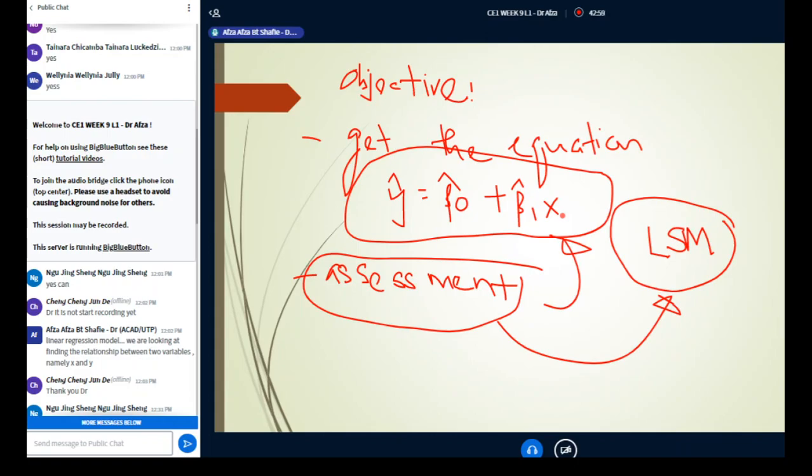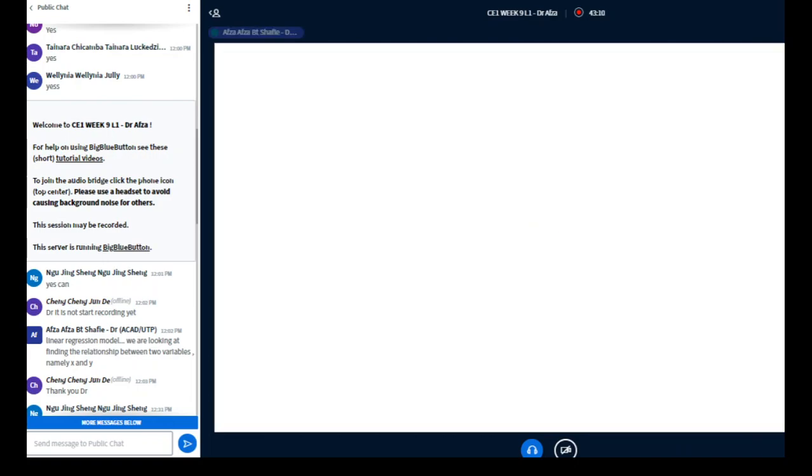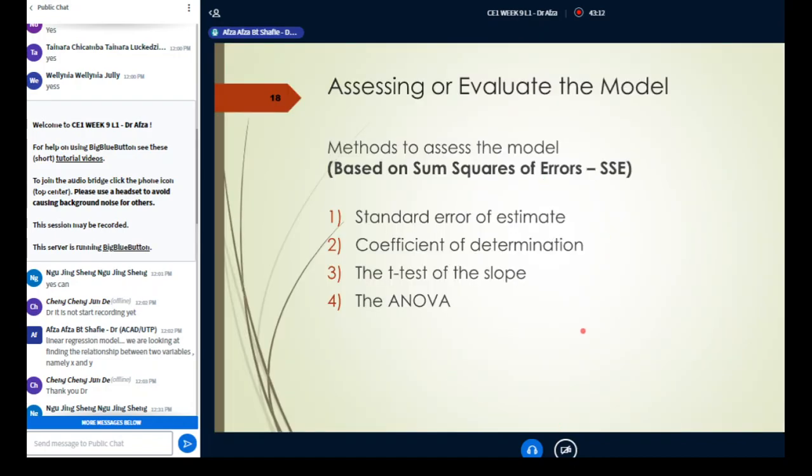What we're going to do is just look at three possible assessments first, and only then followed by the ANOVA. So this is what we're going to do. These are the assessments, that means how good our model is.